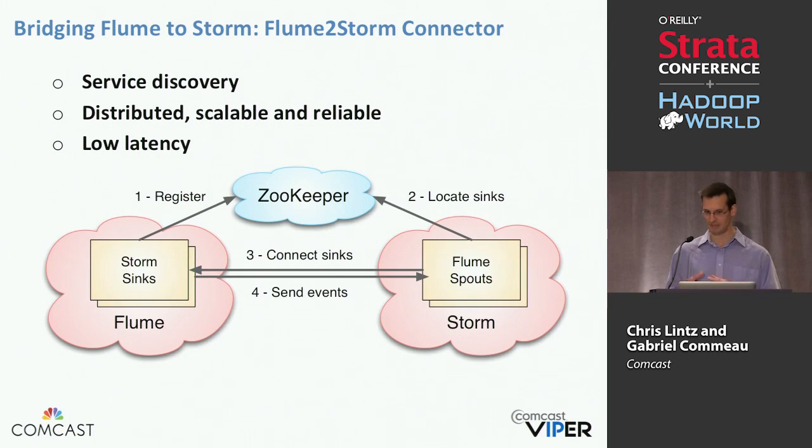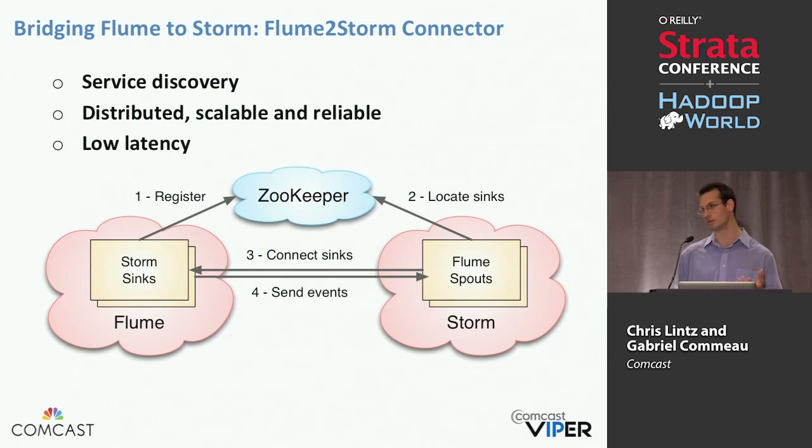So when we designed this connector, we set a few design goals for ourselves. The first one is that we based the connector on the service discovery pattern. So naturally, we rely on Zookeeper because it's one of its common use cases. The service discovery also provides for a very simple minimum configuration that's very elegant.